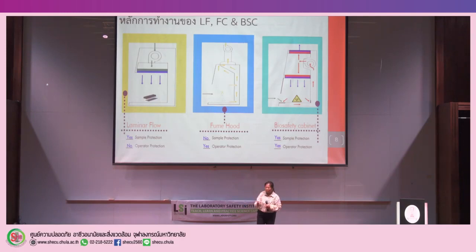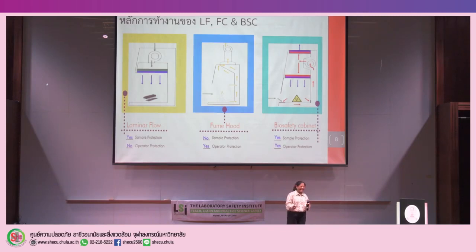That's called laminar flow. The fume cupboard pulls the air away from you and into the sample side, so it doesn't protect your sample because it pulls the air from outside and away. It protects you. The BSC protects both sample and you, but it is not for use with chemicals.